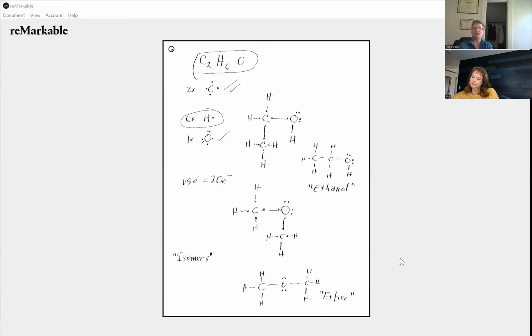The other problem with ether is sometimes people would simply not wake up again. It's very hard to regulate, and sometimes they'd use too much of it. These are two very different compounds, both with the formula C2H6O. Isomers.